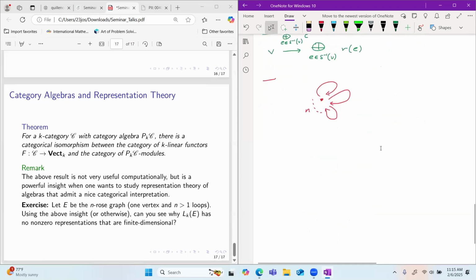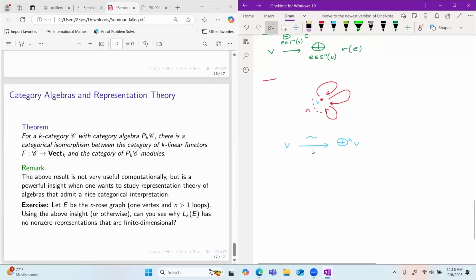The answer is that if we label this vertex V, then on the categorical side, all these n loops give you a morphism from V to n copies of V. Recall the Leavitt path algebra is formed by localizing with respect to this.